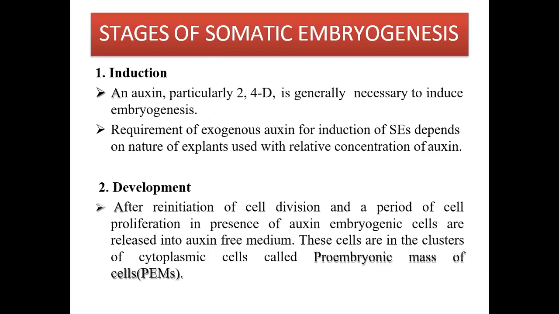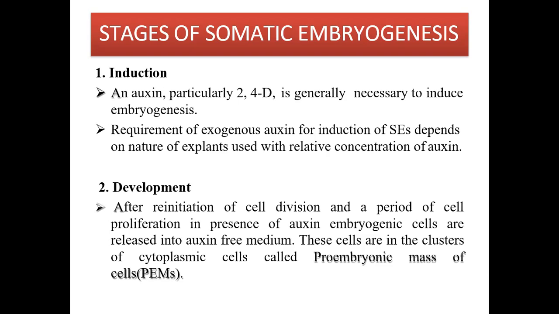Now let's understand the various stages involved in the induction process. The stages of development of somatic embryos start with phase zero, where the cells become competent in the presence of auxin, that's 2,4-D, for the induction of embryogenesis.